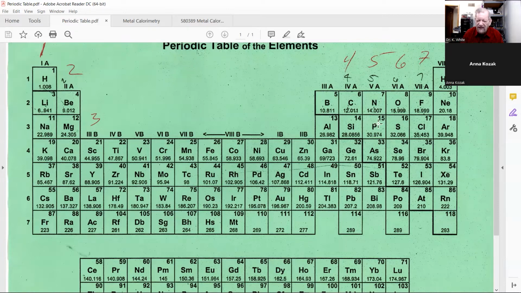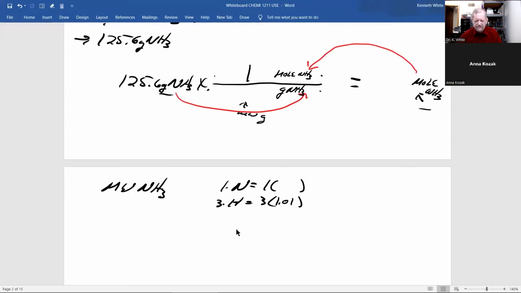The atomic weight of nitrogen, to 3 significant figures, is 14.0. 1 times 14.0 is 14.0, 3 times 1.01 is 3.03.